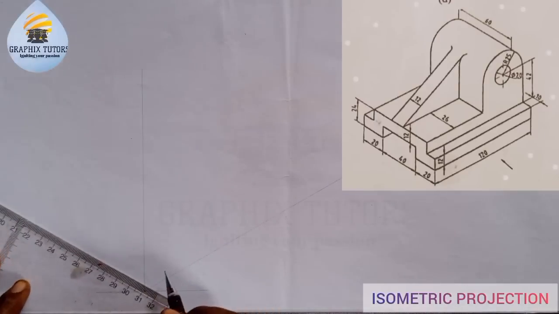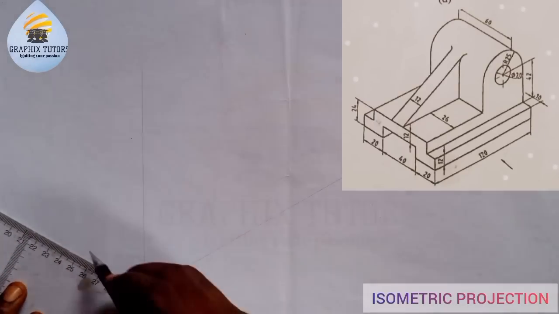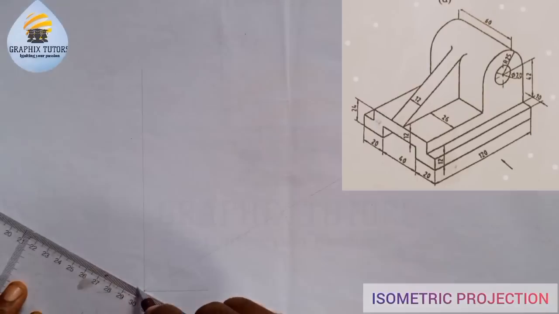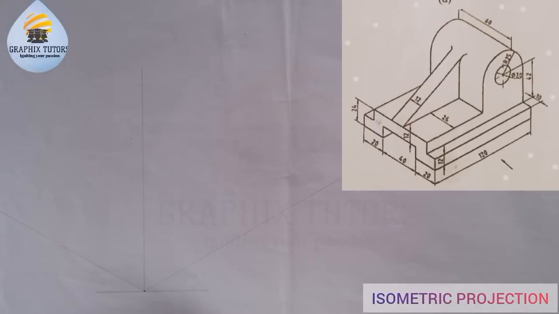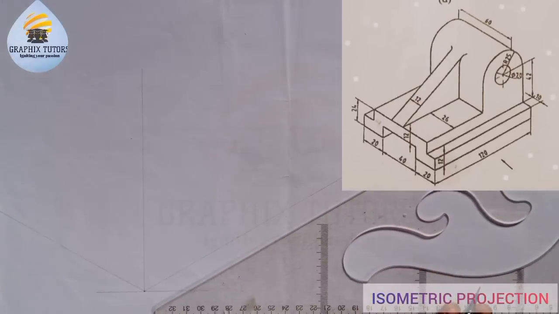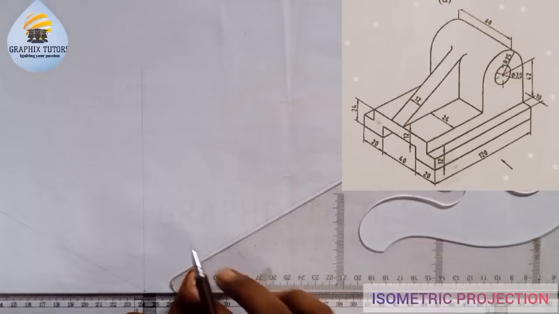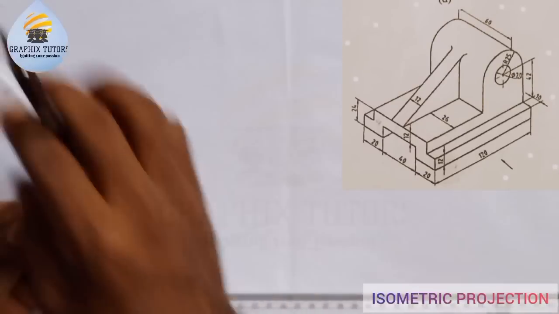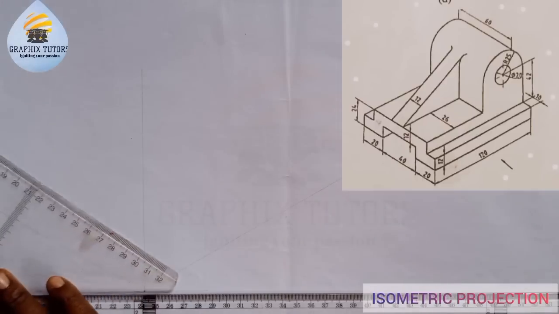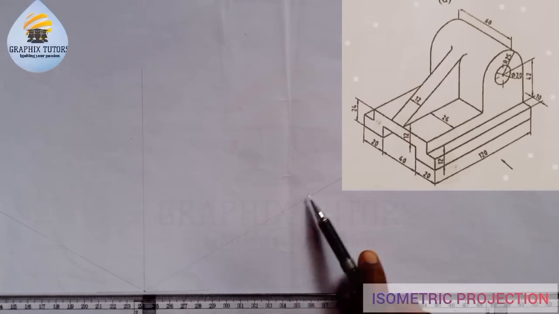They are all inclined at an angle of what? 30 degrees to the horizontal, right? Meaning that the angle from here to here is 30, here to here is 30, and when you place your set square like this on your t-square, this side here is what? 30 degrees. So I use this to draw this, and I place it this way also to draw the other one here.